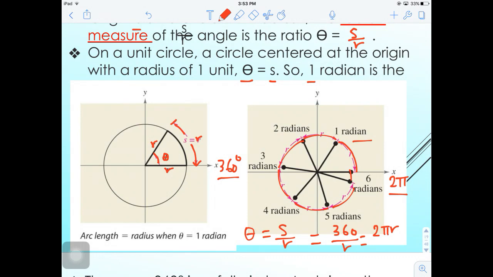That's the circumference. Remember that formula? If we divide it by the radius, the radius will cancel out, and that leaves us 2 pi. And that's why the entire circle is equal to 2 pi. That's actually how radian is converted.